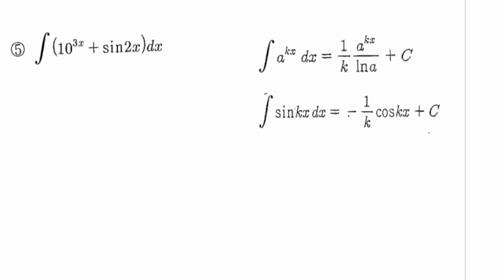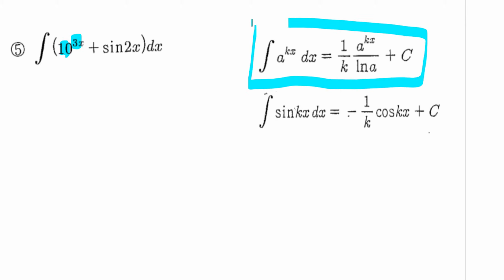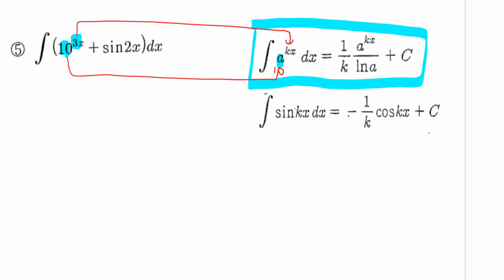Question number 5. And for question number 5, this time I have a number 10 to the power of 3x. So I'll be using this new formula right here. So the a right here, that's kind of acting like the 10 here. And then the k is now going to be 3. So in order to follow the rule, it would be 1 over k to start.